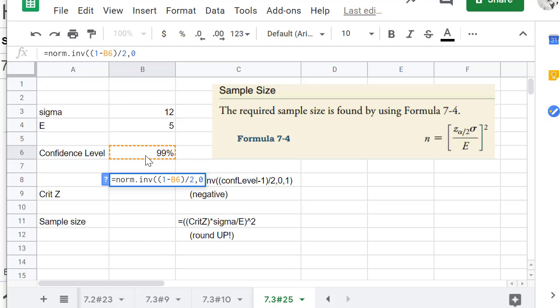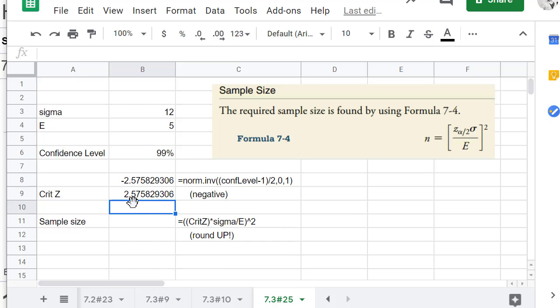And for our standard normal distribution, the mean is 0 and the standard deviation is 1. Notice that this is going to be a negative number. We want to make this positive, so I'll just equals negative and click on that cell. And now it becomes a positive 2.576.